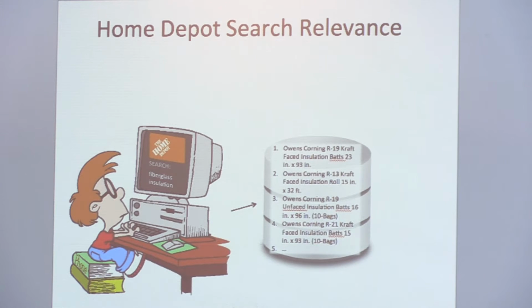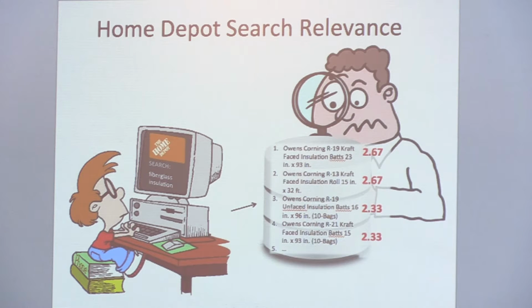And that takes human input. Three people will review the search term and the potential returned product, and say how relevant that product is to the person's search term. Fiberglass insulation is pretty relevant to all of these things. It's a rating between 1, not really relevant, 2, kind of relevant, and 3, very relevant.